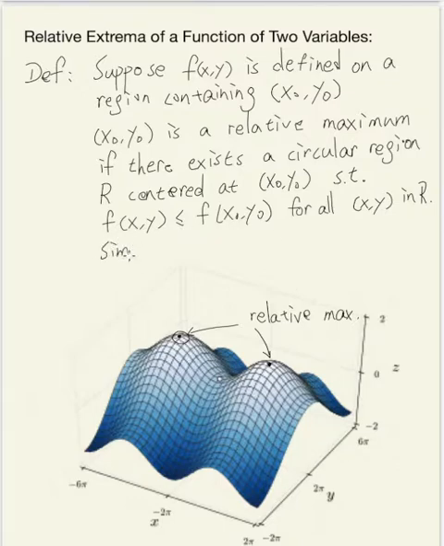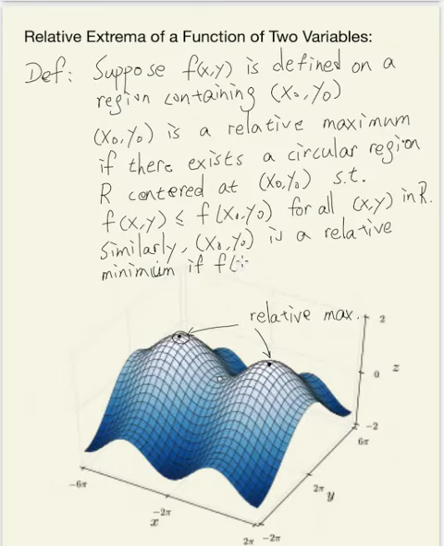Similarly, this point x naught, y naught is a relative minimum if f of x y is larger than or equal to f of x naught, y naught for all x y.